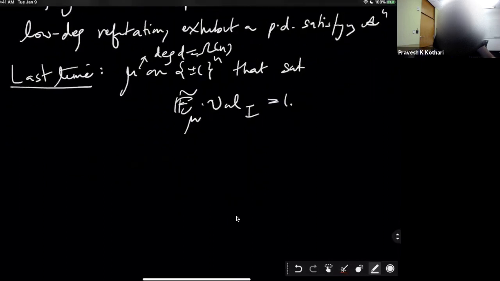I want to observe in fact that we not only proved this, the same pseudo distribution in fact also satisfies A as constraints.